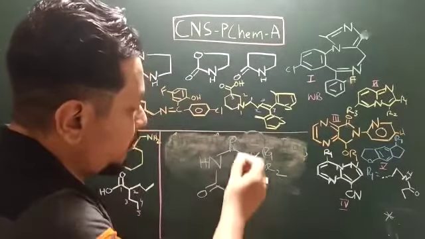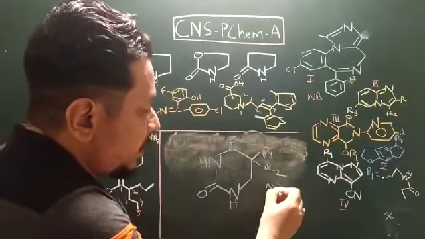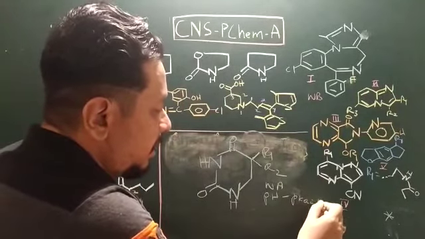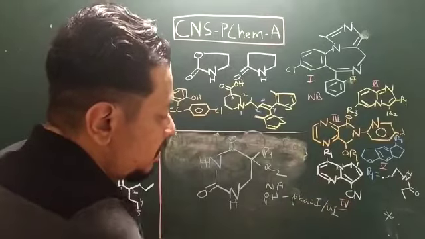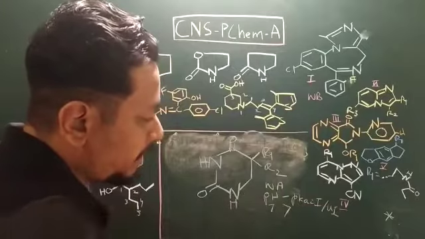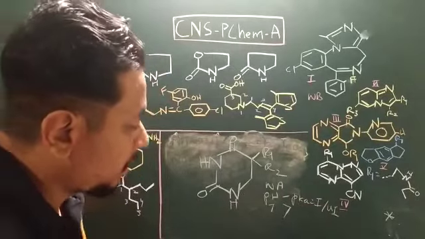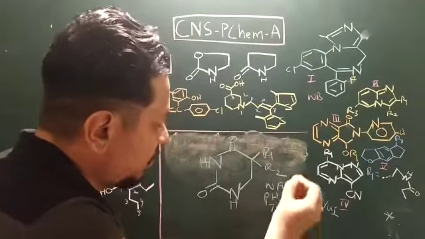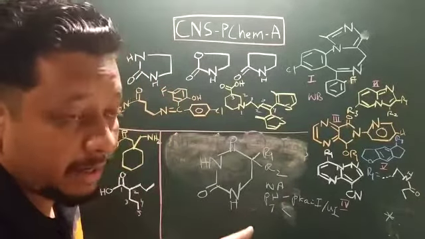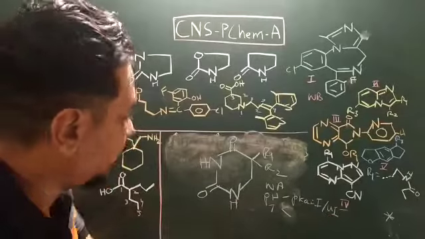Now if you see, barbituric acid is a weak acid. So by the Henderson-Hasselbalch equation, the pKa determines ionization. The pH is 7. So the pKa of barbituric acid should be more than 7 in order to remain in unionized form at blood pH.